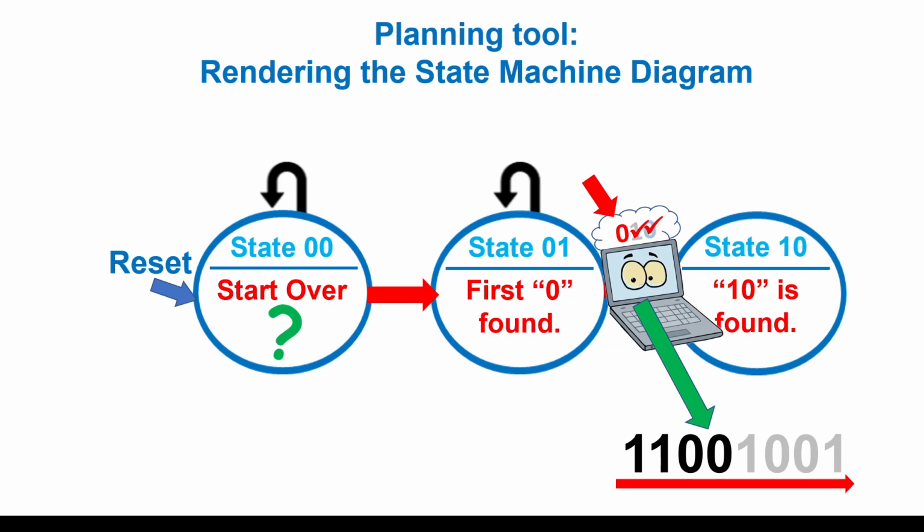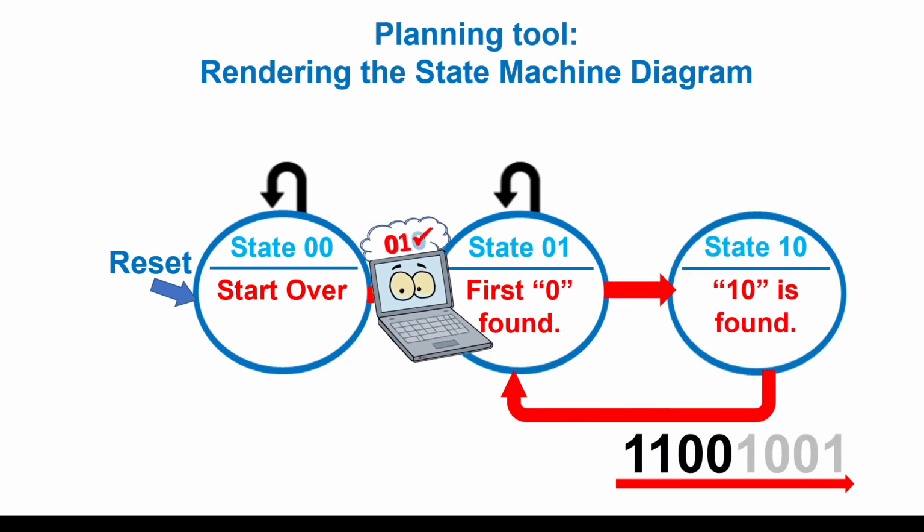So if we have found a 0, where are we going to go? We're actually going to feed the attention of the computer back to the middle state, state 1, because we have possibly found the first number in a second sequence, and we want this controller to recognize all sequences, even if they are overlapping each other.